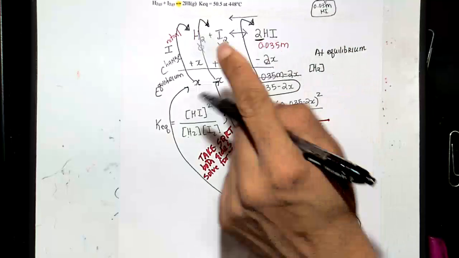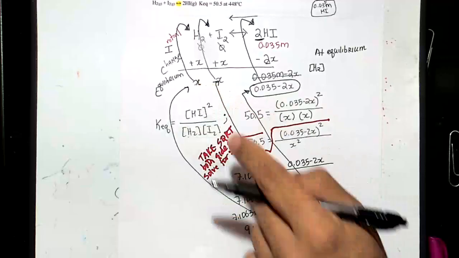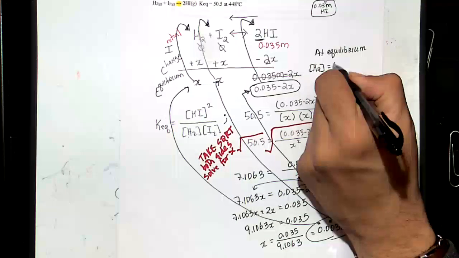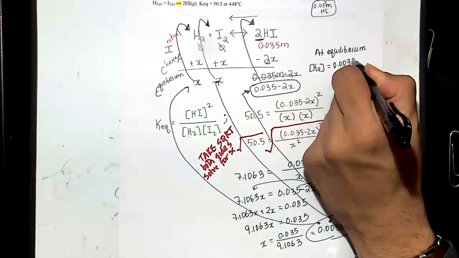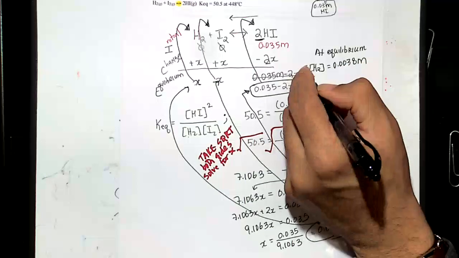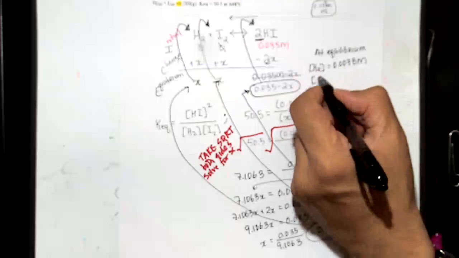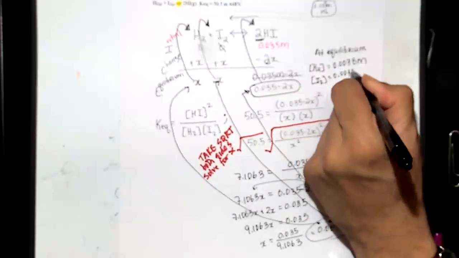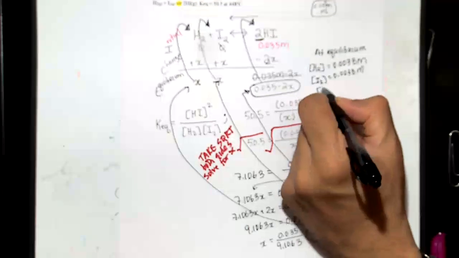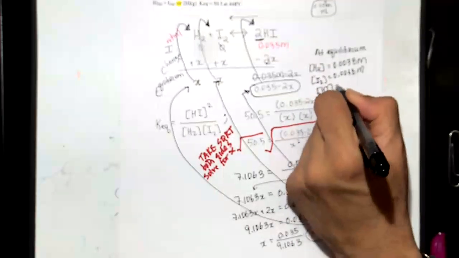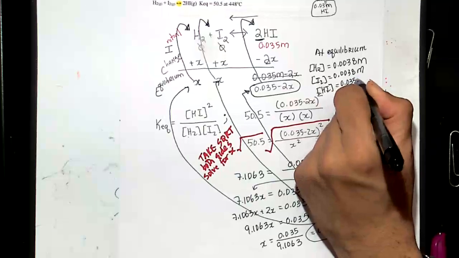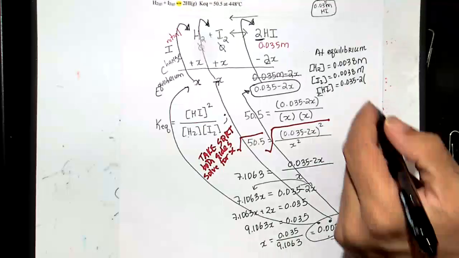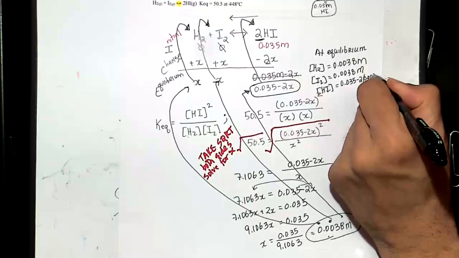So our final answer, at equilibrium: the concentration of H2 is going to equal x, which we calculated as 0.0038 molar. Don't forget the units. The concentration of I2 is going to be x, which is 0.0038 molar. And then the concentration of HI is going to be 0.035 minus 2x.